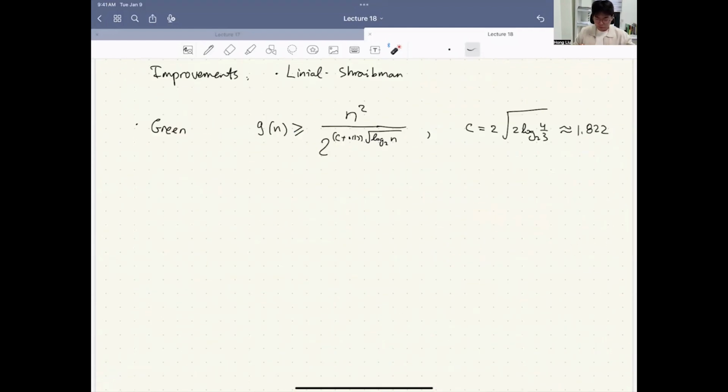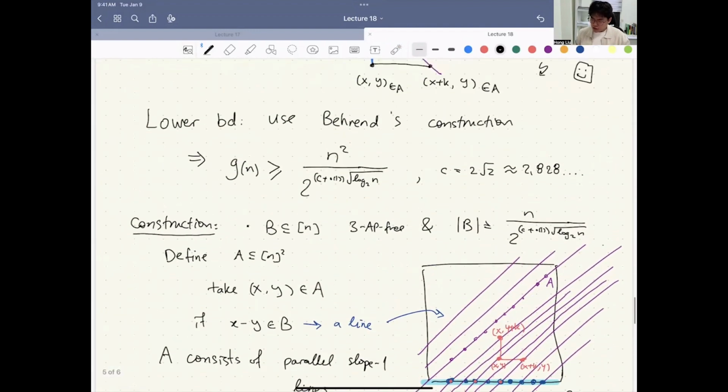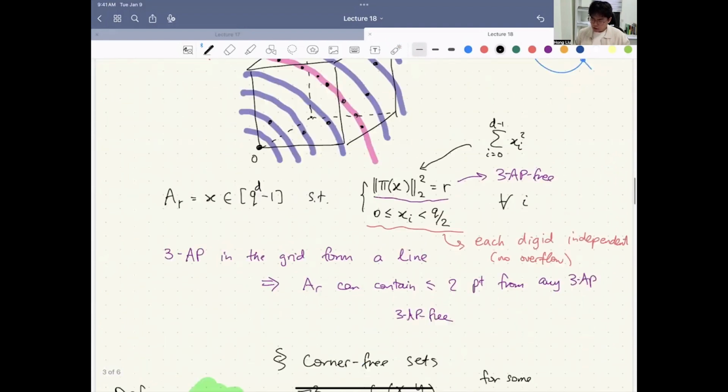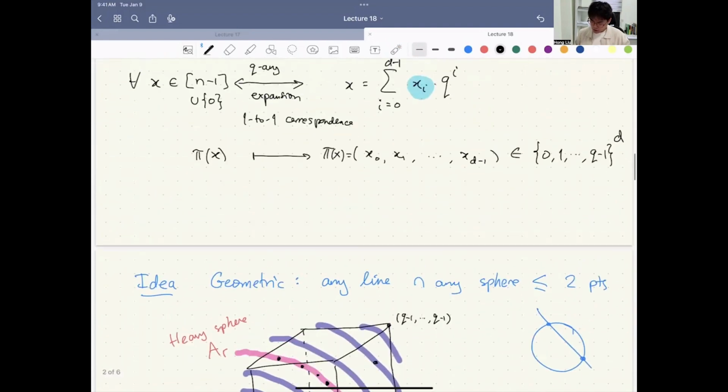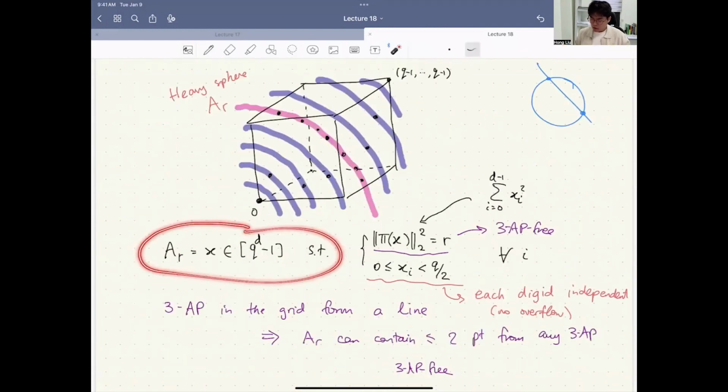Now, before in Behrend's construction, let's recall, what do we take? We take the set A_r on the same sphere, and every coordinate must lie in the first half.